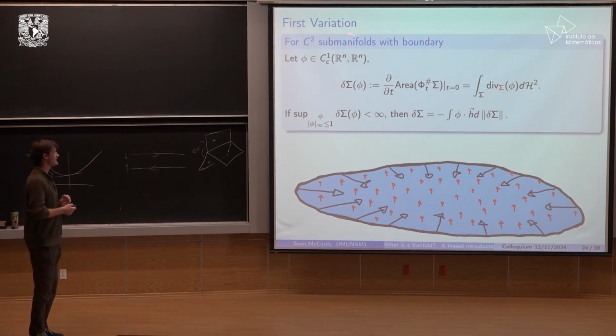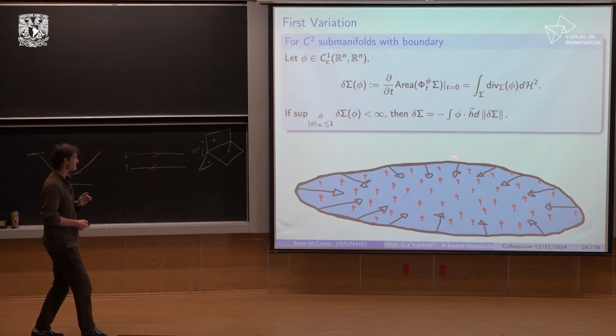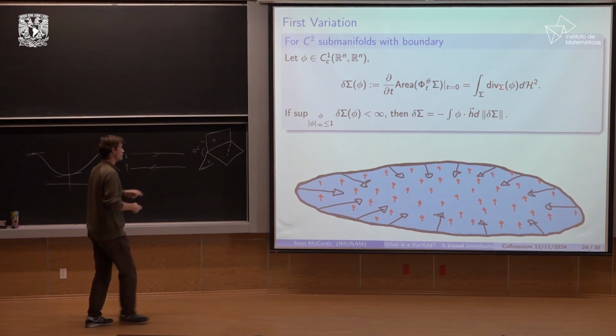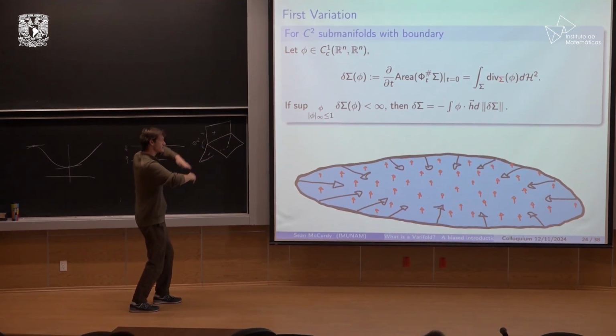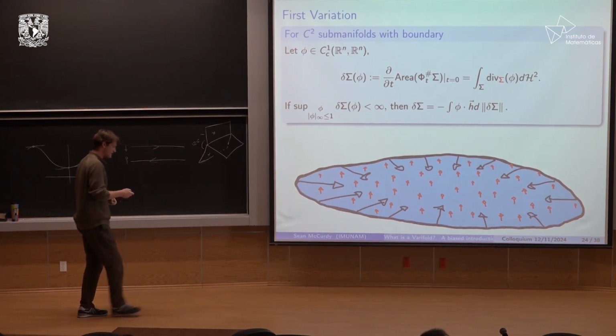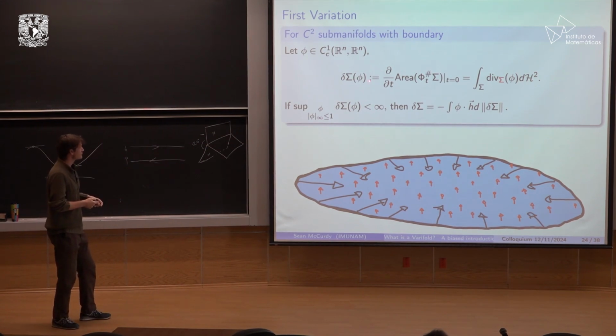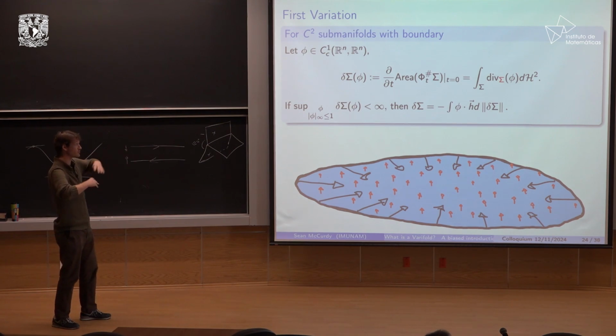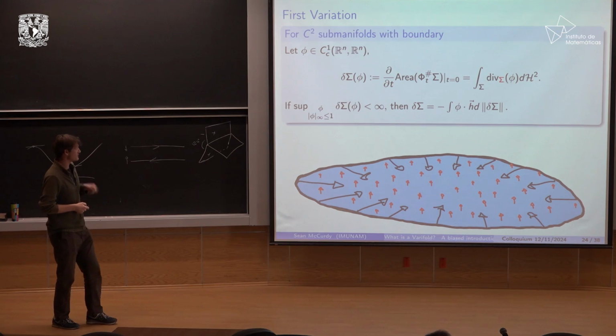Let's suppose we have a nice C2 submanifold, maybe represented by this perfect picture. And let's pick a nice vector field along which we're going to perturb this C2 submanifold. And then we're going to take the first variation, which is just the derivative of the area among this family of perturbed surfaces, where we're perturbing according to the vector field phi that we've chosen.